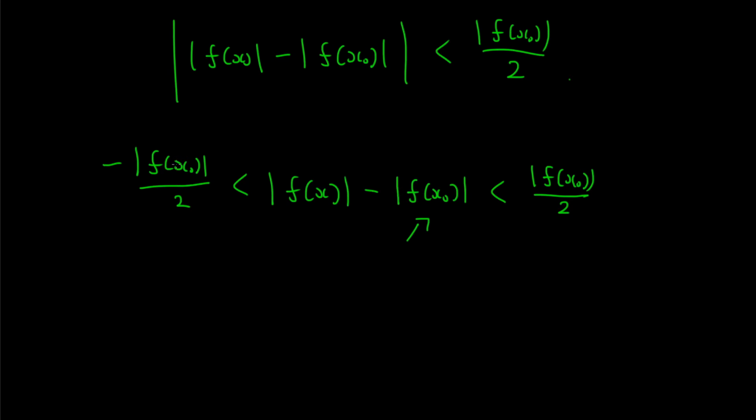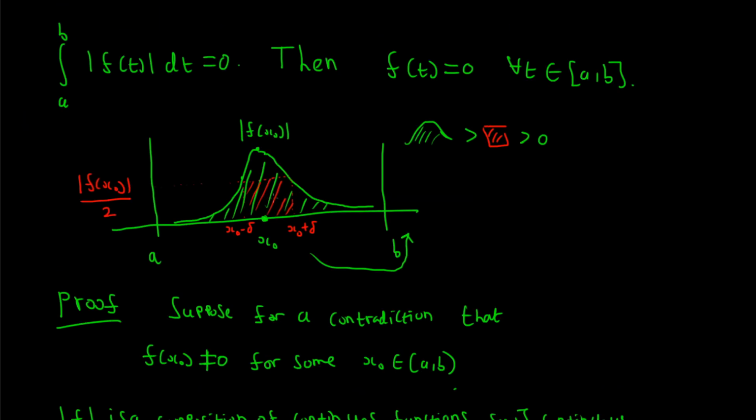So this is a 1 minus a half. So on the left we'll have the absolute value of f of x naught divided by 2 is less than the absolute value of f of x. And again, this makes sense. We're just saying all these points that are in between x naught minus delta and x naught plus delta are just bigger than the absolute value of f of x naught over 2.